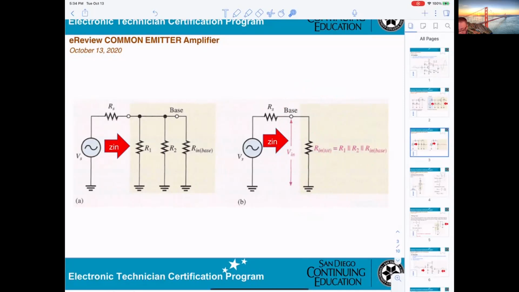So to calculate the input impedance for the CE amplifier, you take R1 parallel with R2 parallel with R in base. We'll be doing the calculation of R in base for you to see. For AC, you deal with input impedance, output impedance, and the gain.